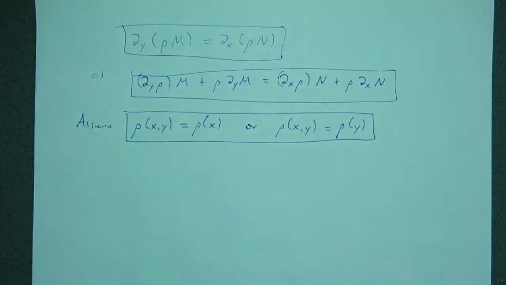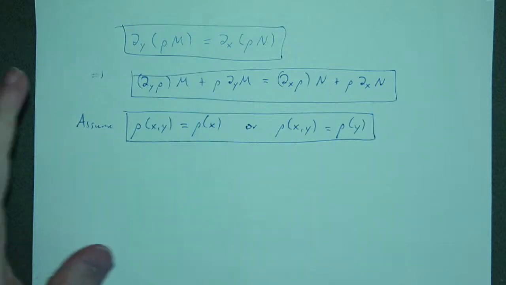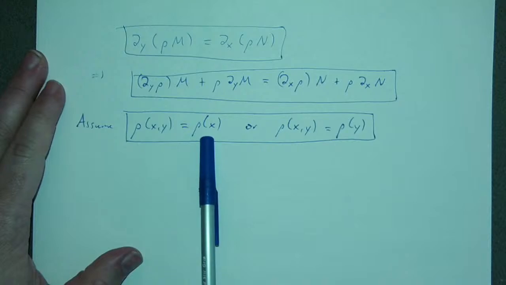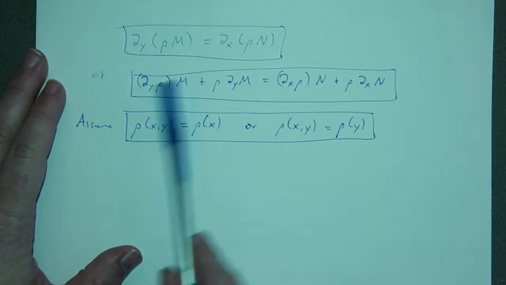Now, as I mentioned yesterday, how do I know which one to assume? Those are two very distinct choices. You are going to go with the one that makes your life easier. For instance, if you assume that it's purely a function of x, then the y partial of rho is going to be 0, so this term is going to go away.